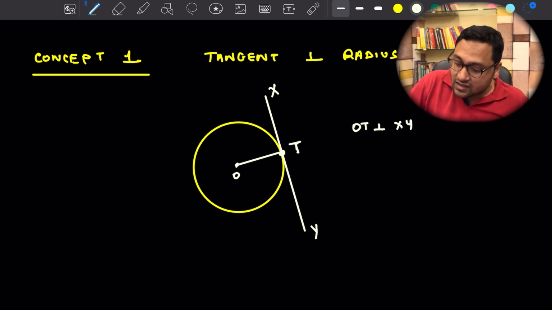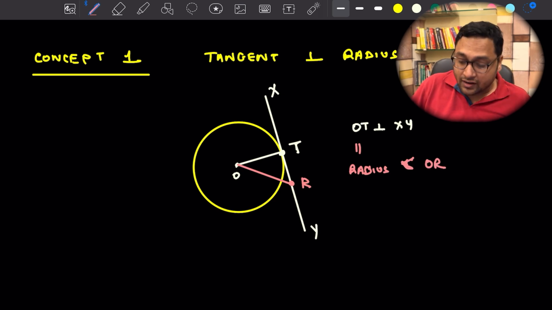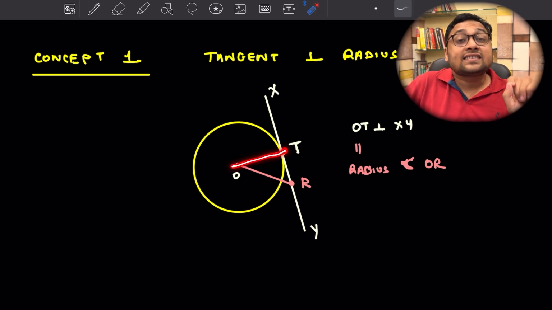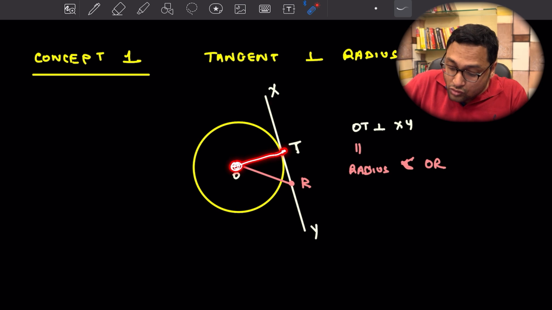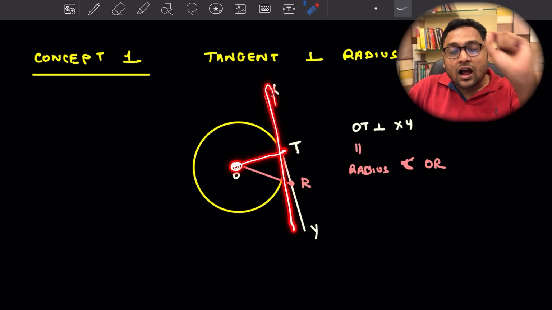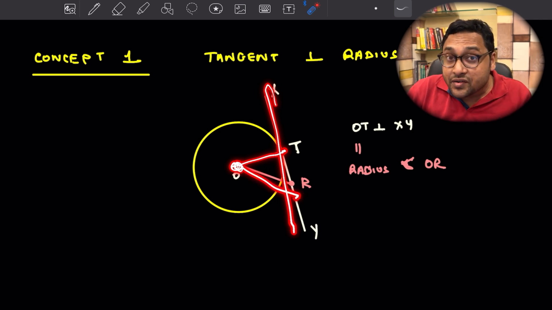Why is that? I'll give you a hint. If you join any other point, let's say R, notice that OT is equal to the radius, and that is smaller than OR. That is, OT is the shortest distance from O to the tangent line. Because all other distances from O to the tangent line will be greater than the radius, therefore it's greater than OT.